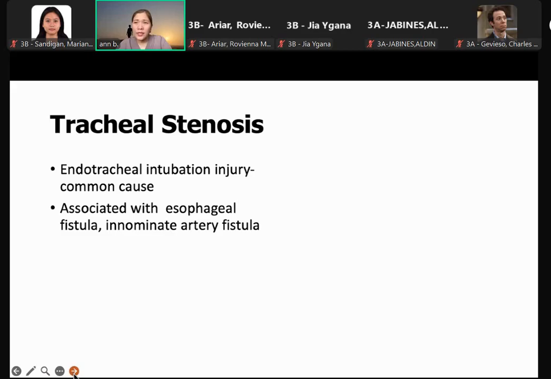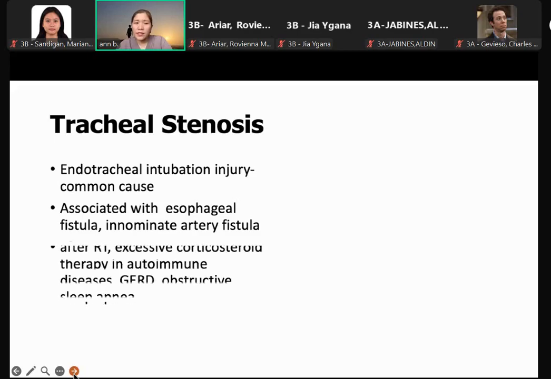The most common artery associated is the innominate artery, which causes severe bleeding or severe hemoptysis in the patient.